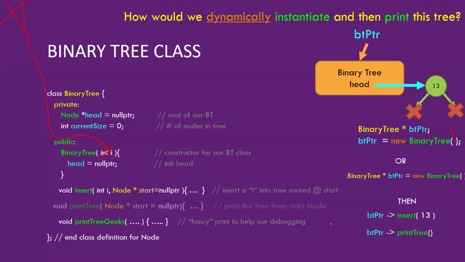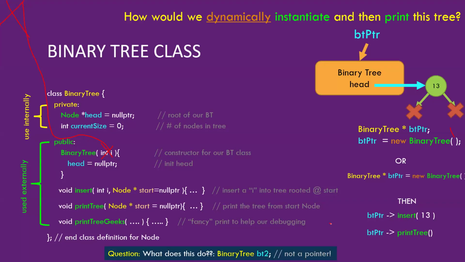We'll dig into some more code and slowly, hopefully, get you more comfortable with all this notation. Hang in there. And keep in mind, for those of you more comfortable with C++, it's an interesting question. When I say binary tree BT2, it's like saying int x. I'm saying, hey, give me a binary tree. You might wonder what the difference is between that piece of code and this up here.